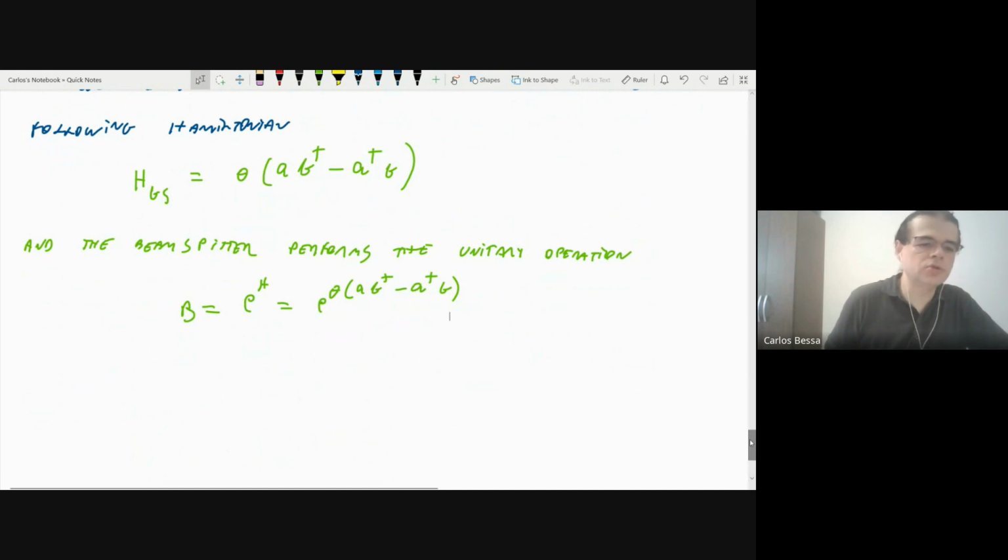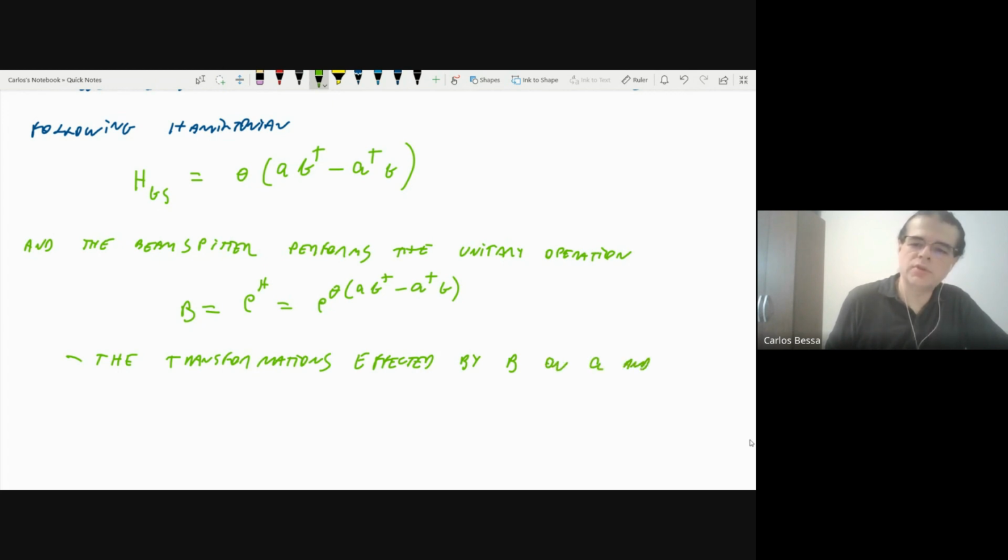It's important to see some transformations, the transformations effected by B on A and small b, which will be useful later.